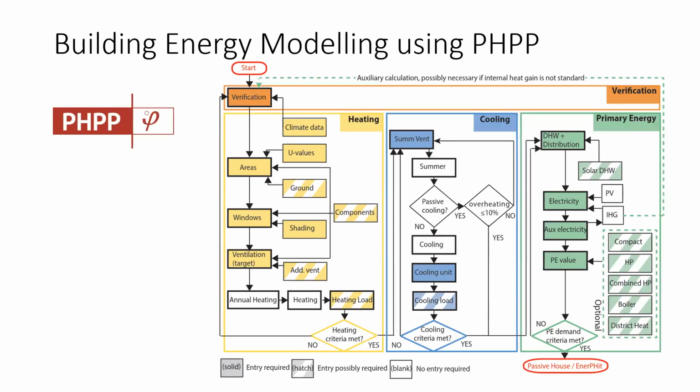So what is PHPP? This is an overview of the PHPP inputs that you require. Many people think that the PHPP software is just for passive house dwellings, but it's very useful for all building types where we are working with existing buildings, and where we are working with existing buildings, we have the Retrofit standard, which is a relaxed version of the passive house standard.